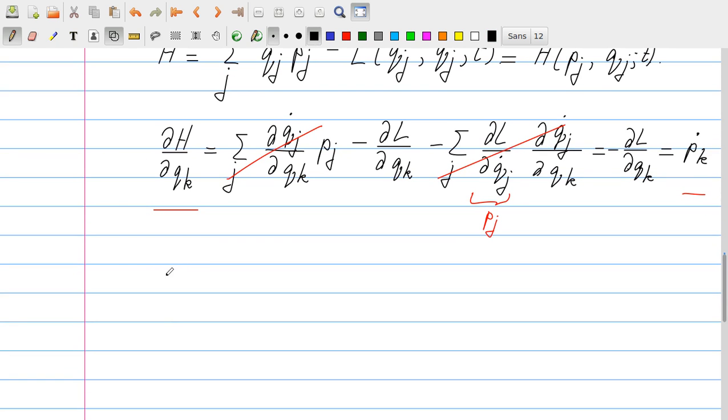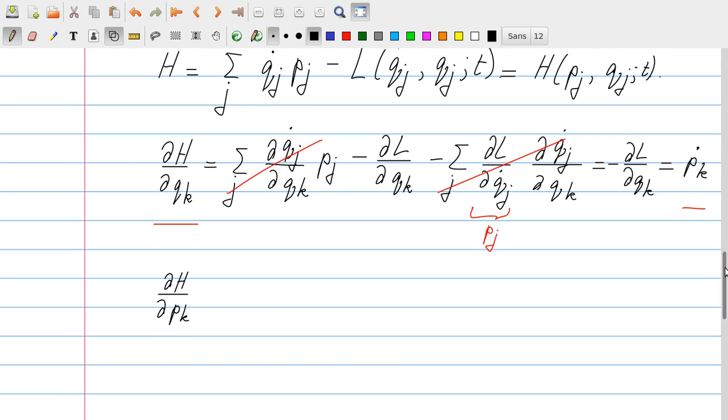So, in view of that result, let's now consider ∂H/∂pk. And for this I get two contributions. The first one is a sum over j. This is analogous to what we had before.